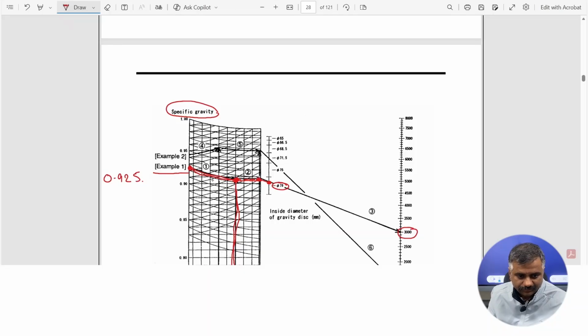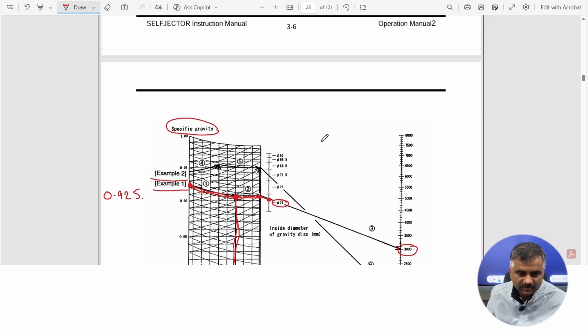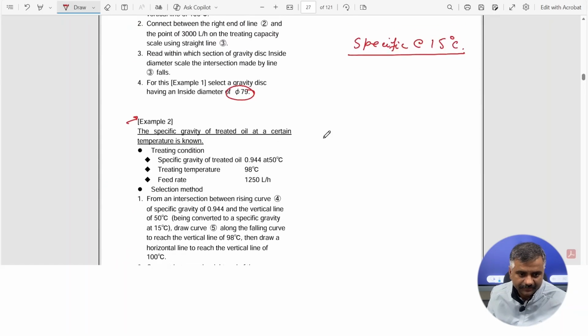otherwise, if the specific gravity is known at some other temperature, say at 60 degrees centigrade, 70 degrees centigrade or 50 degrees centigrade, because that is what the manual says, at certain temperatures. So here it is known at 50 degrees centigrade.